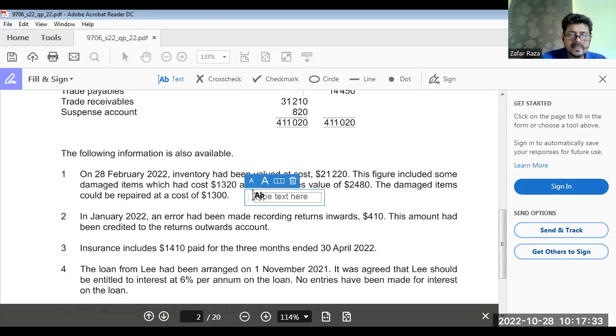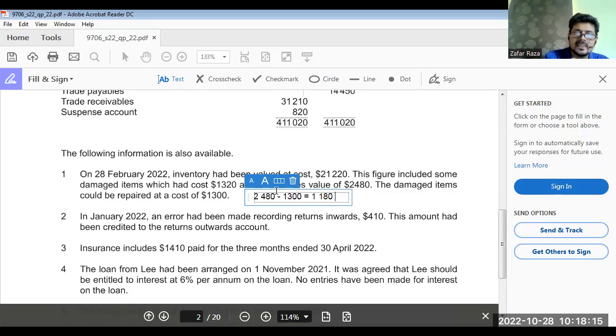Selling price of the product is 2,480. Now minus 1,300. So NRV would be 1,180.